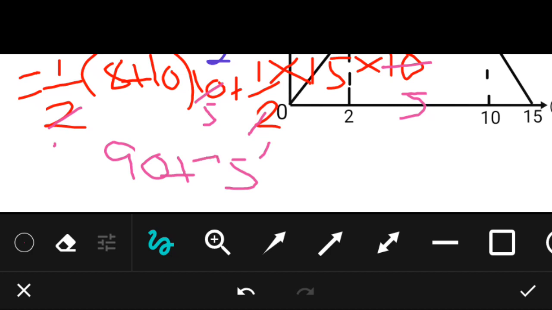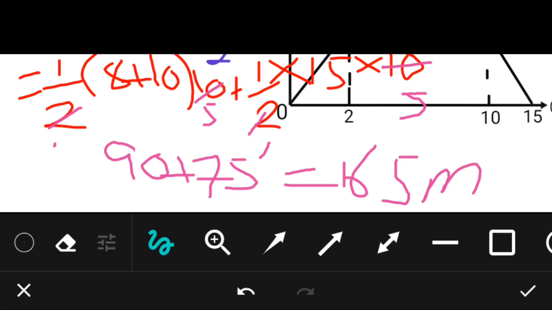So that is 75. Mind you, this is paper 1, so there is no need of a calculator. So when you add these two, 90 plus 75, you get what? 165. 165 meters.